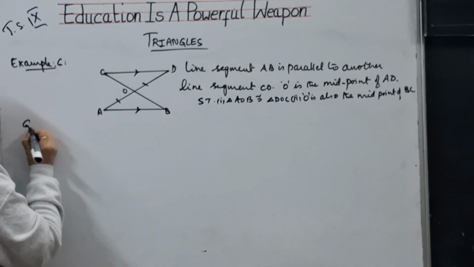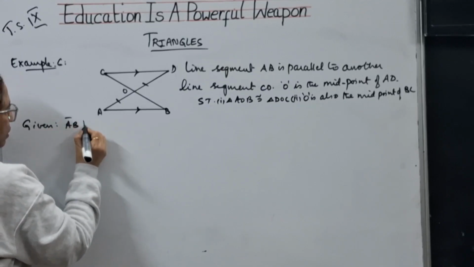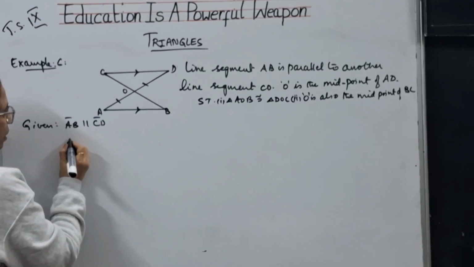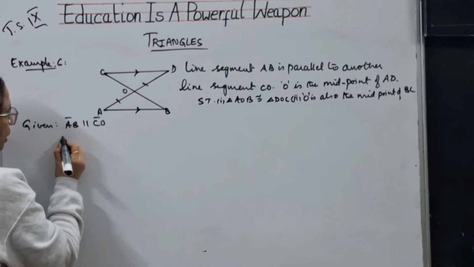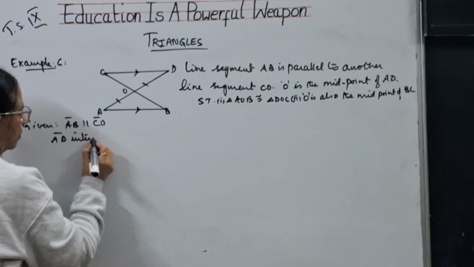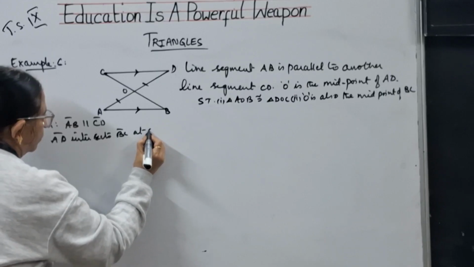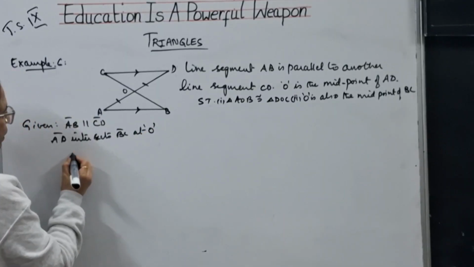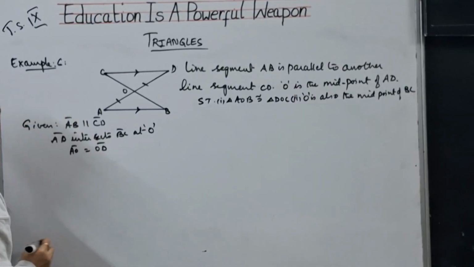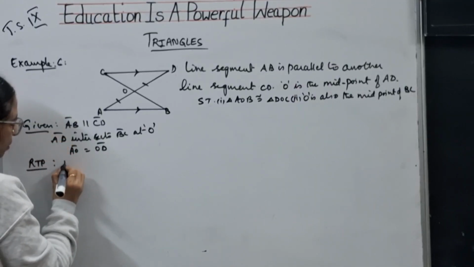So what is given to us? We have got AB is parallel to CD, and AD intersects BC at O, and AO is equal to OD. This is given to us. Then what is RTP?